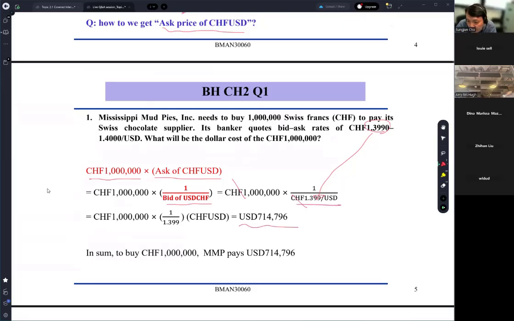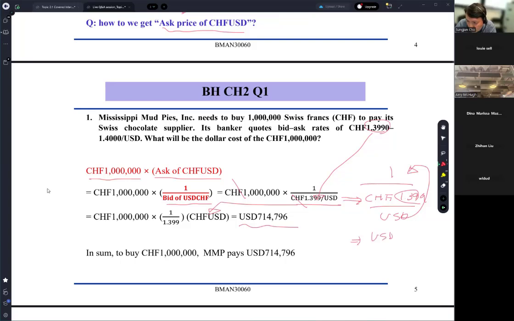So instead of writing down like this, I can write like this. If you're not sure, you can heuristically interpret this one as USD, the one divided by this one. So this one's here, this one goes here, right?